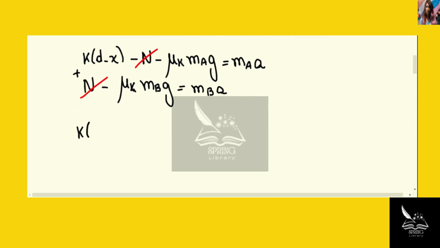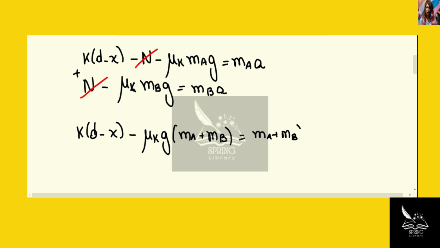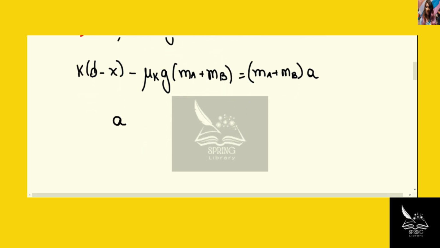I get K times D minus X minus mu K G times MA plus MB equal to MA plus MB times A. So A is equal to K times D minus X divided by MA plus MB, minus mu K G. This is the acceleration.